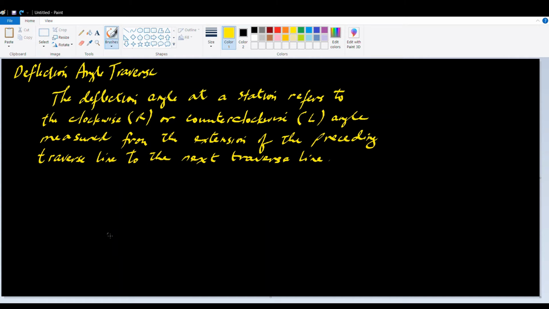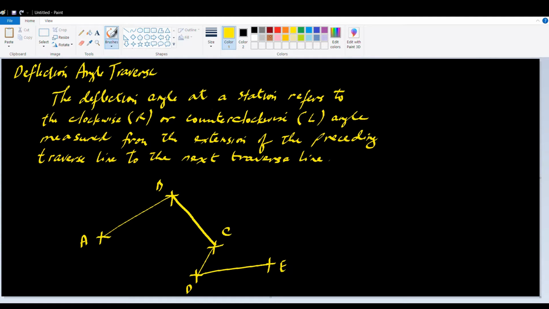So supposing that we have this open traverse, the station points are A, B, C, D, and E. There is no preceding line. If you are at station A, there is no preceding traverse line.